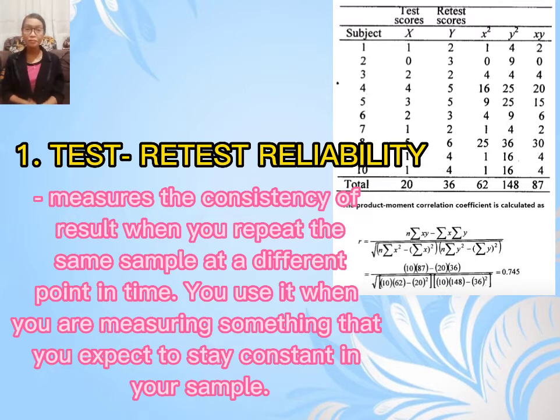It is important because many factors can influence your result at a different point in time. Test-retest reliability can be used to assess how well a method resists these factors over time. Here, the smaller the difference between the two sets of results is, the higher the test-retest reliability.